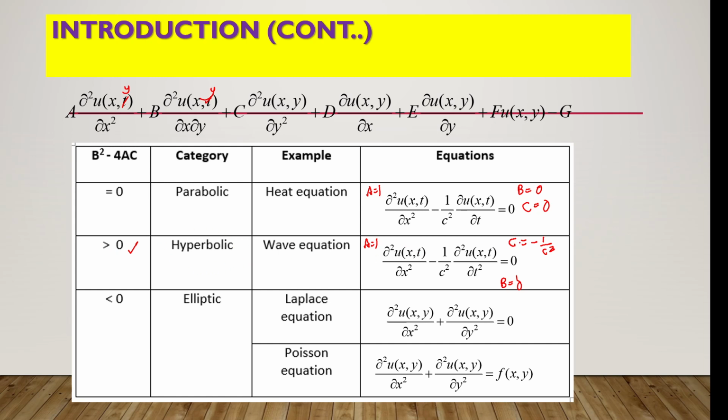And we have the third case where b squared minus 4ac is less than 0. You have two equations here, which are the Laplace equation and Poisson equation.